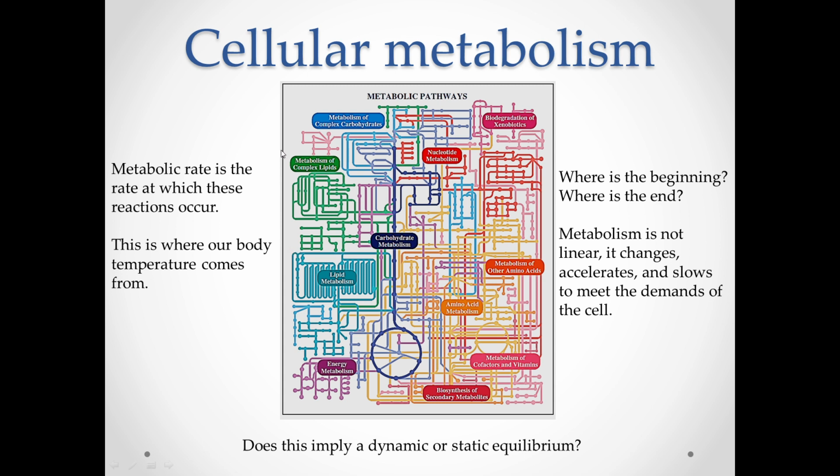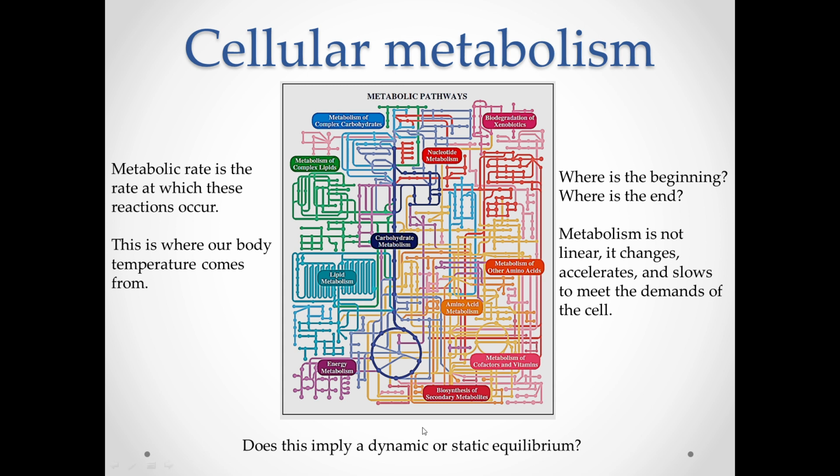Now, when we refer to metabolic rate, the metabolic rate is the overall assessment of how quickly these reactions metabolize metabolites. In other words, how quickly these reactions metabolize reactants.